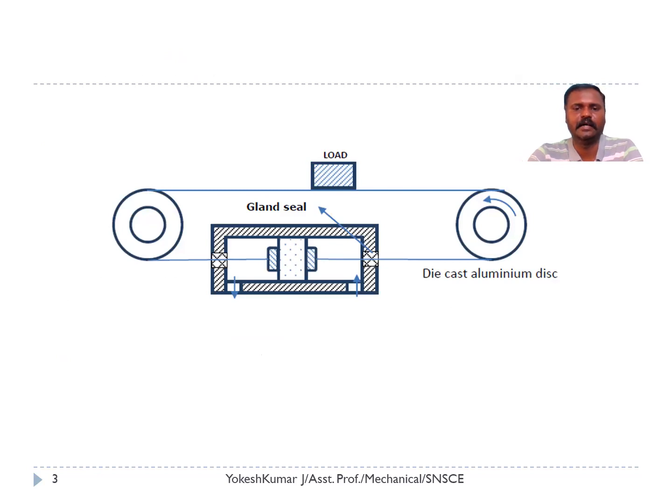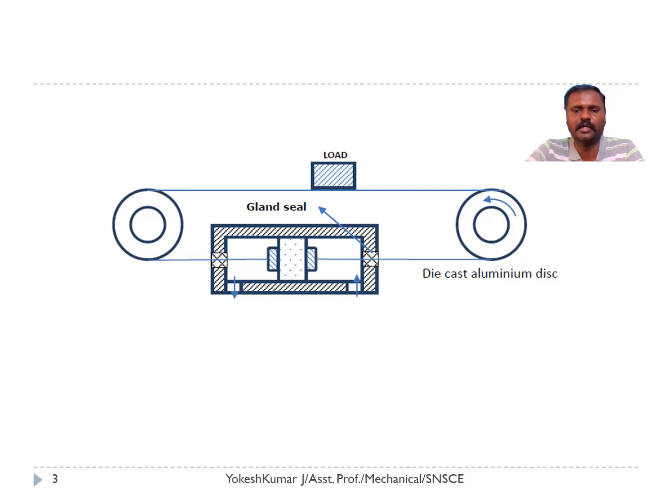Coming to the construction, we have a cylinder barrel. Inside the barrel, we have a piston as usual. For extension and retraction of the piston, we have the input and output ports where pressurized oil can be sent to any one of the ports. In the piston, rather than connecting a piston rod, it is connected with the band or cable. The cable direction can be changed with the help of rollers.